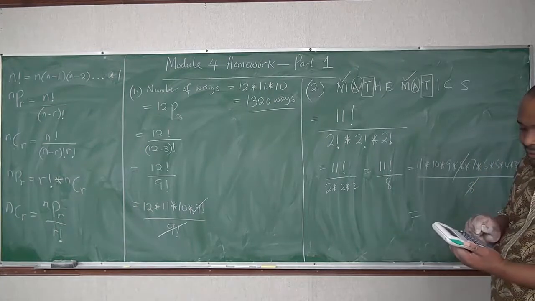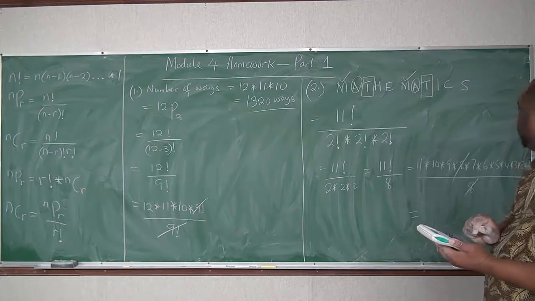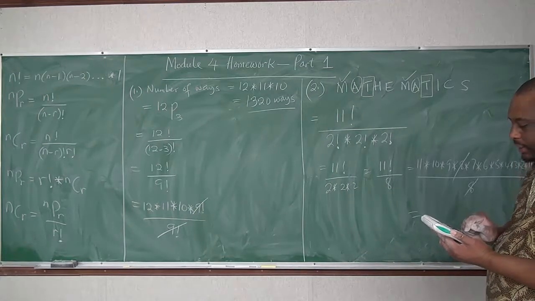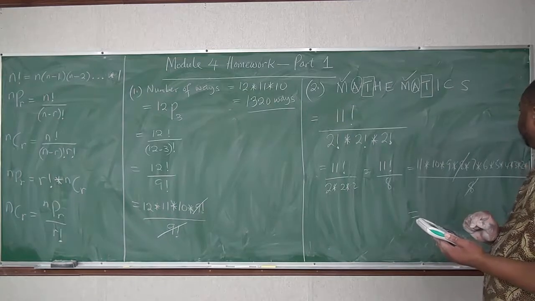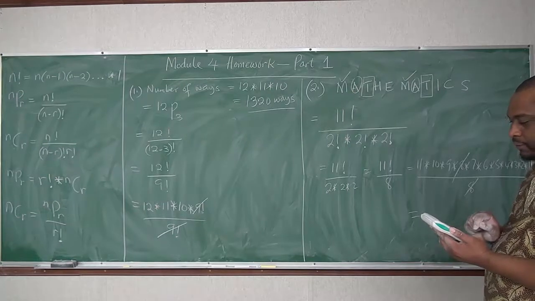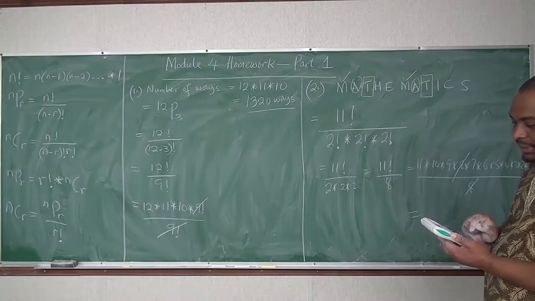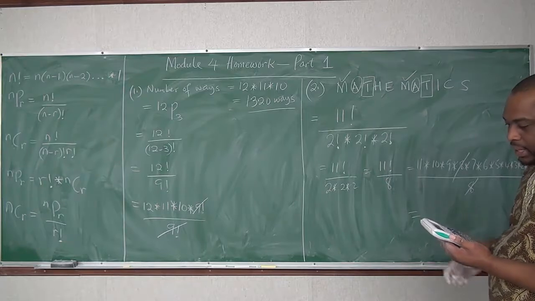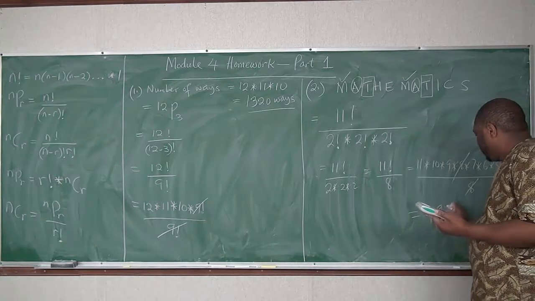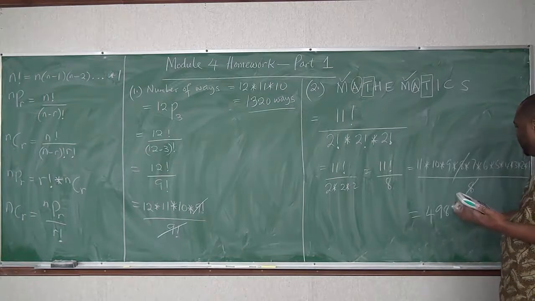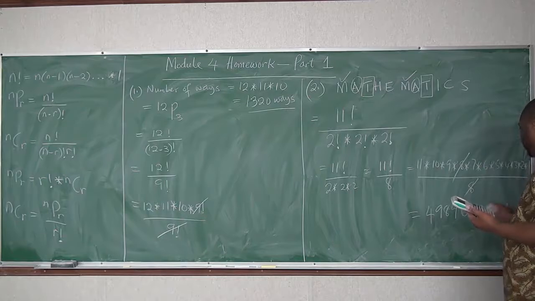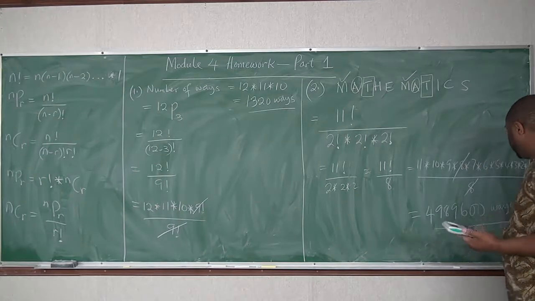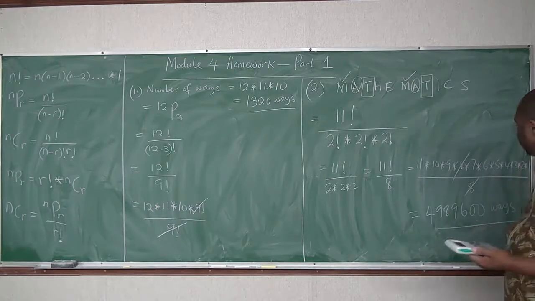So when we multiply that, we have 11 times 10 times 9 times 7 times 6 times 5 times 4 times 6. 3 times 2 is 6. And that gives us 4,989,600 ways. Okay? That's the answer. 4,989,600 ways.